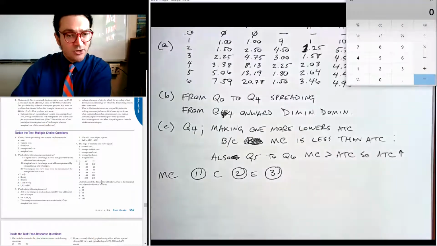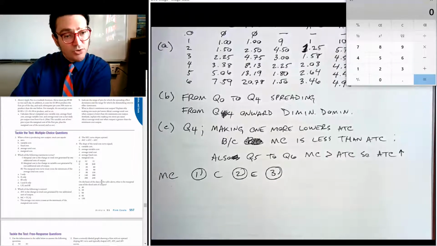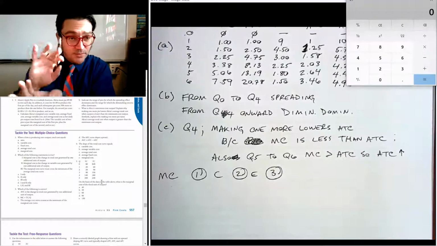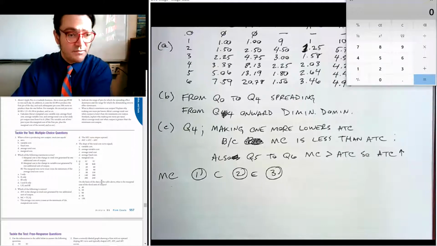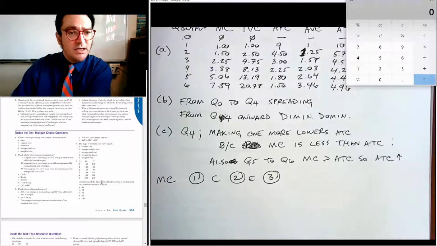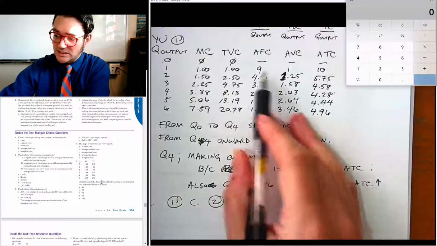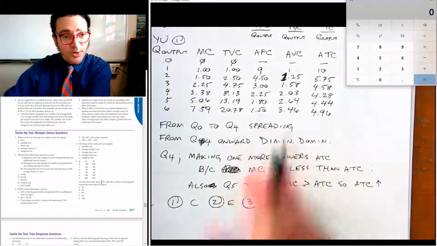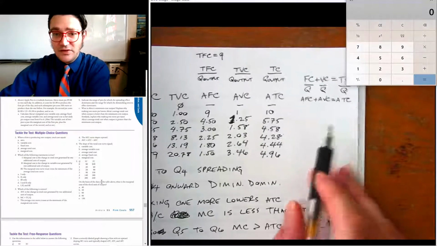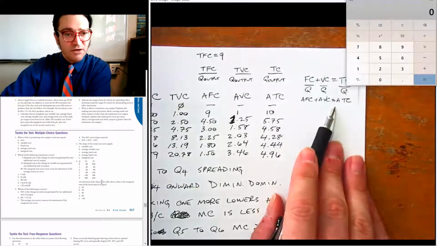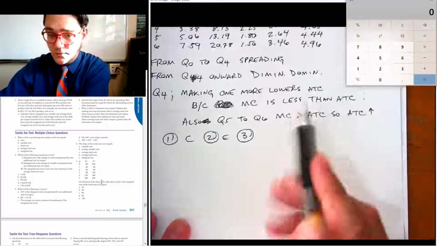C, the average cost curves cross at the minimum of the marginal cost curve. That's not correct. That's flipped around. The marginal cost goes through the minimum of the average total cost curve. The AFC curve slopes upward. No, it doesn't, right? We can look here and say AFC is downward sloping. So that leaves us just with the last statement, AVC equals ATC minus AFC. And if we do some algebra with this, we could find that statement E is true.